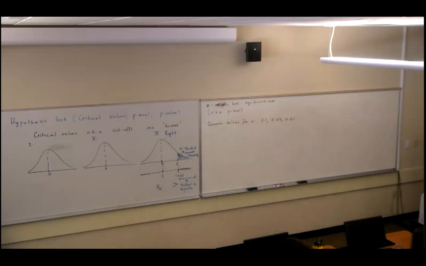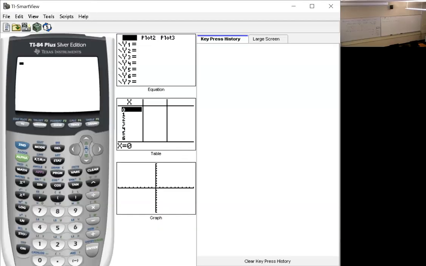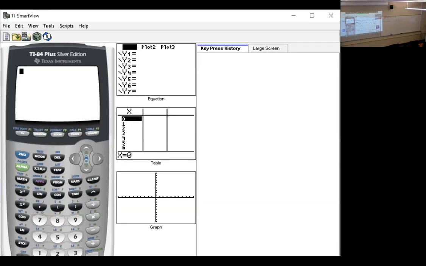Do we have our calculator? Yes. Let's pick up the calculator. So I'm going to show you how to find the critical value for the first case. I wrote it as number 3, but it is the first one we started.